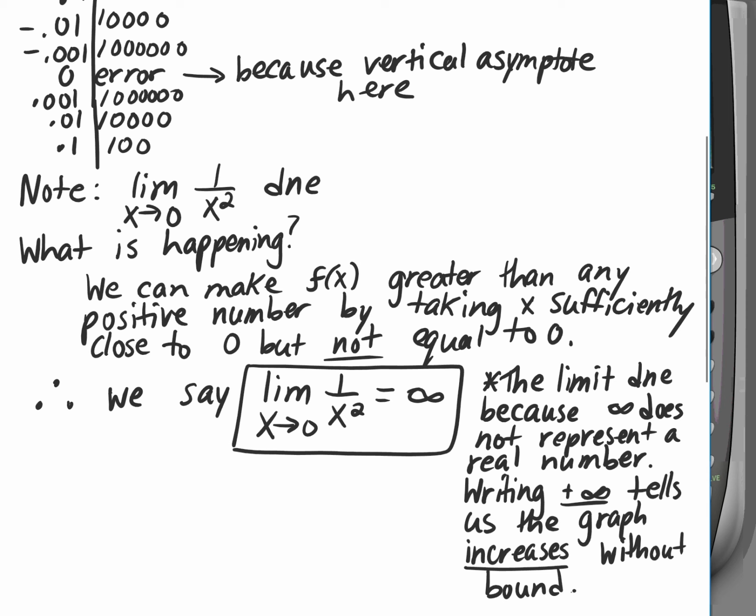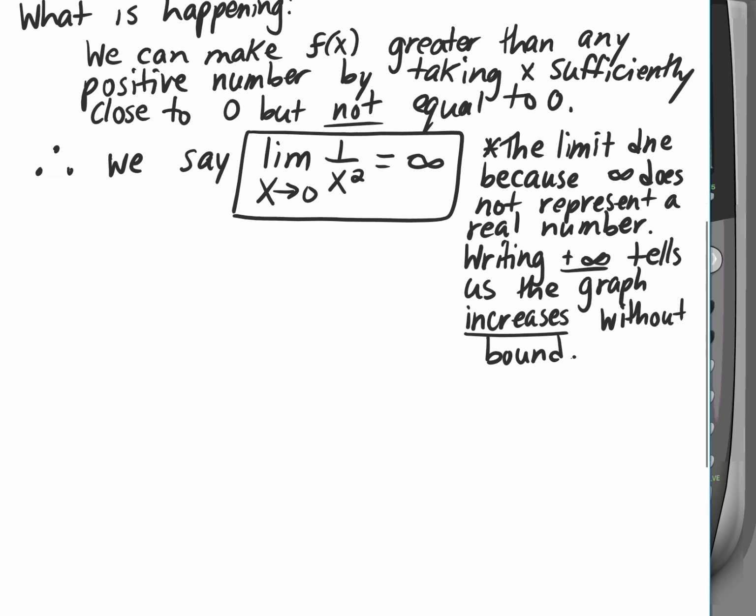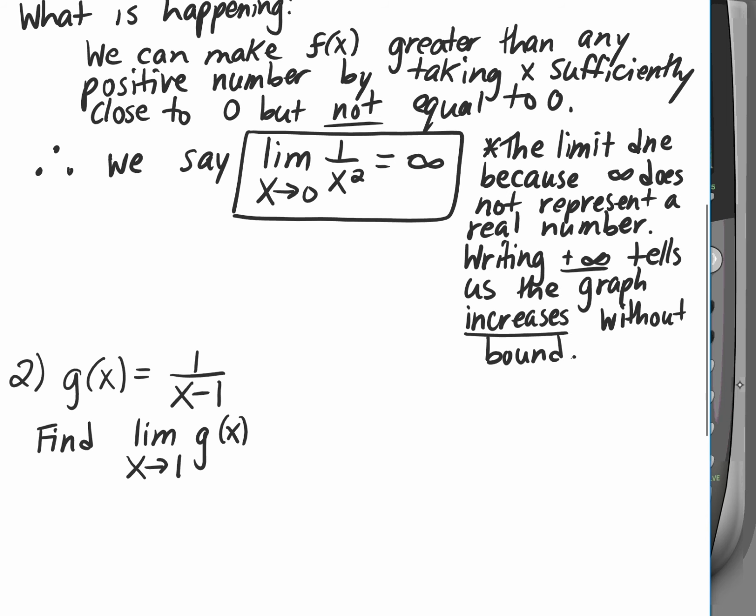So we're going to try this again with a second graph. We'll just go right into the table. This one's a little bit different. Right now we're using the table feature to come up with these limits.